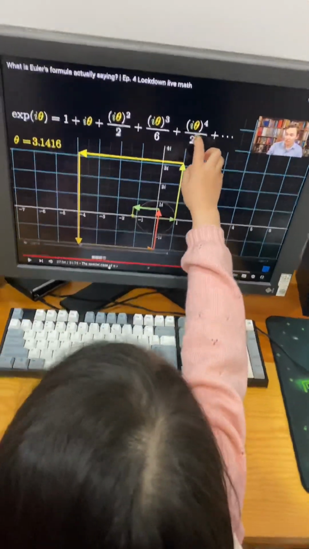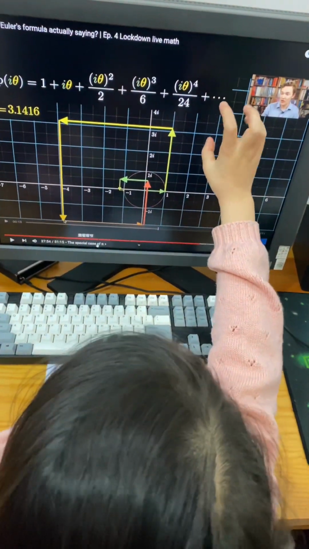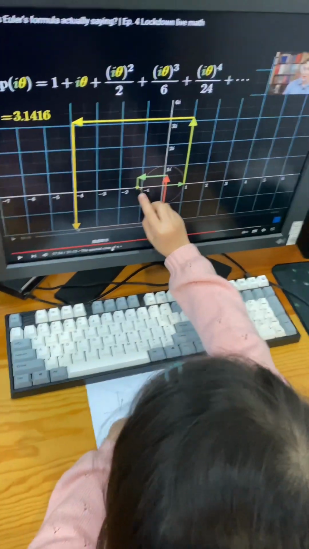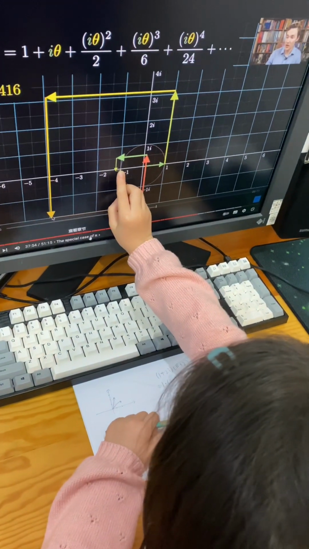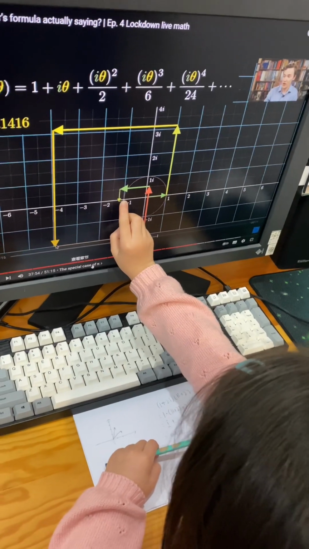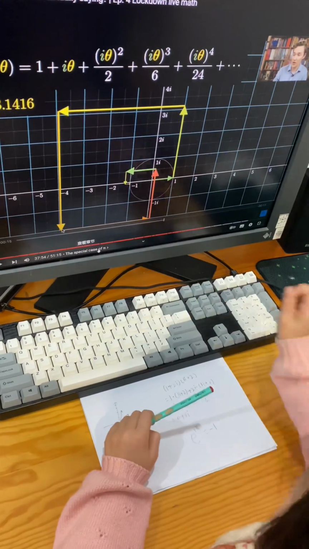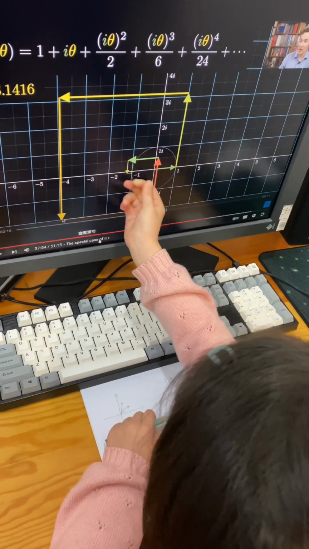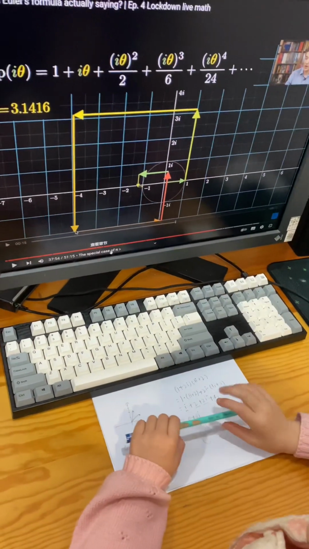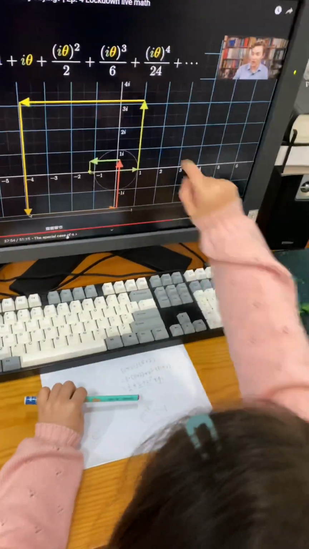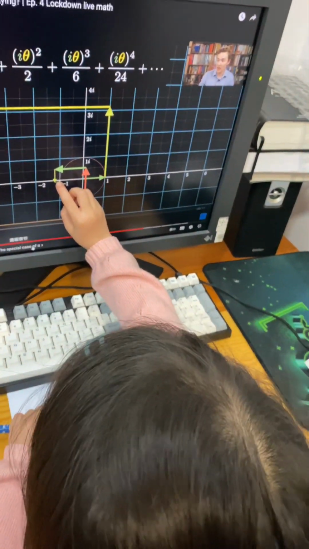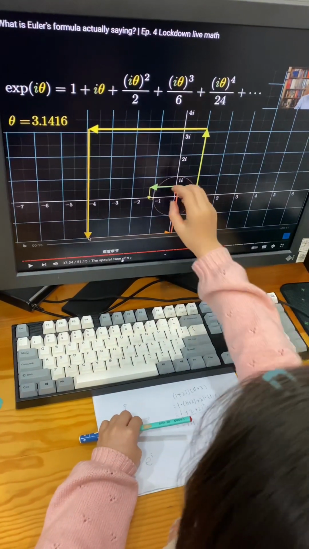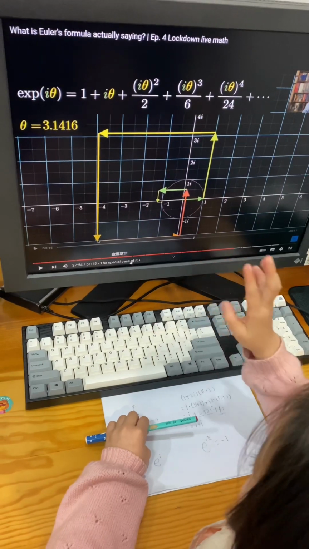Because this one was a factorial, it was shrinking very fast. Then, truthfully, you see this one is almost the negative 1 point. Truthfully, it was just the negative 1 point, go a little left and then go a little up at this point. Then at this point, if you go around 2 pi i, you will go back to the point where you started.